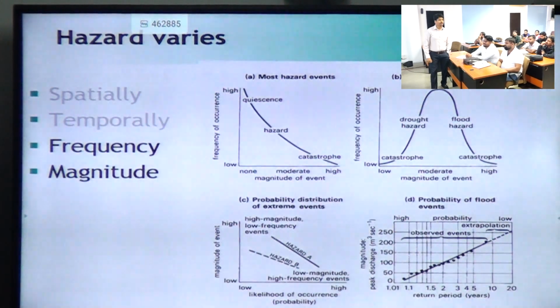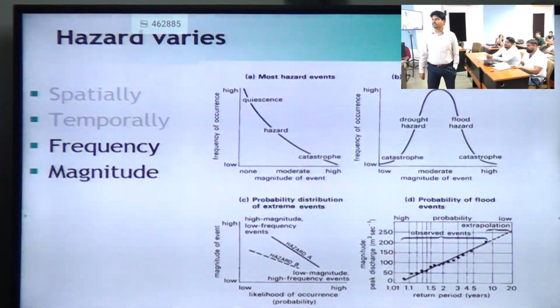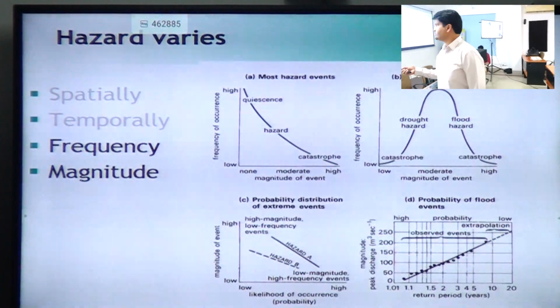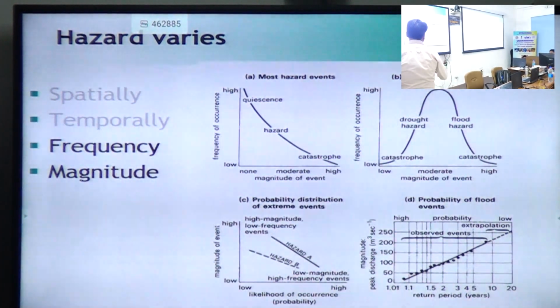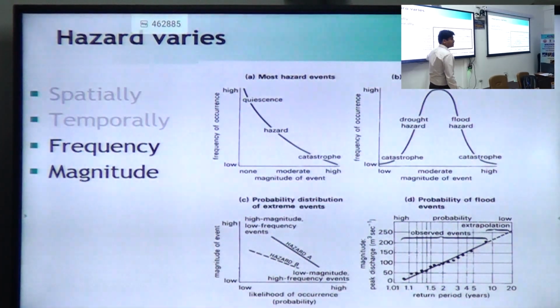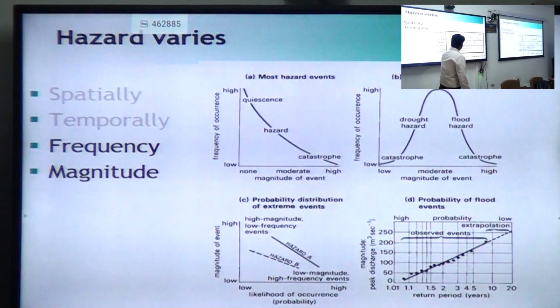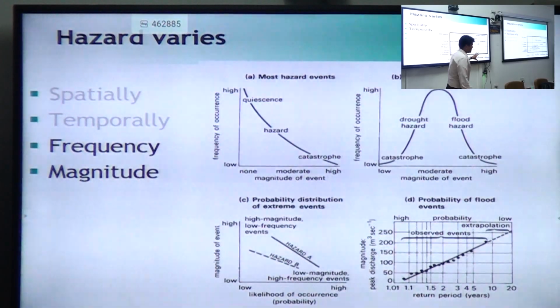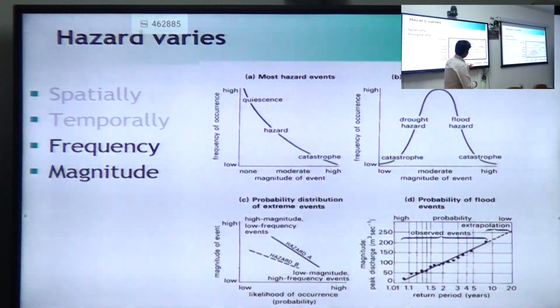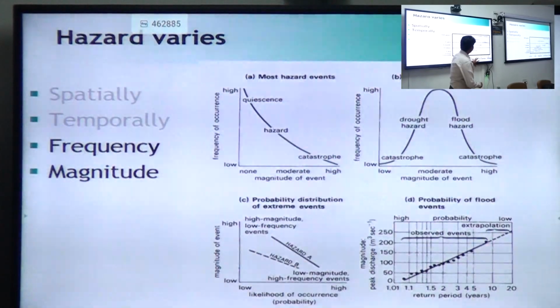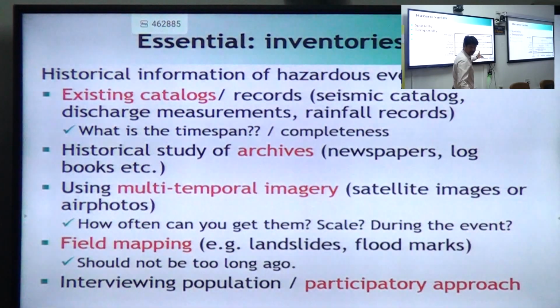Now, if you want to plot it in terms of duration and also the reach, so this is the duration and this is the outreach or reach. You can put the different types of hazard, where do they fall. El Nino, global, right? Climate change is global, isn't it?